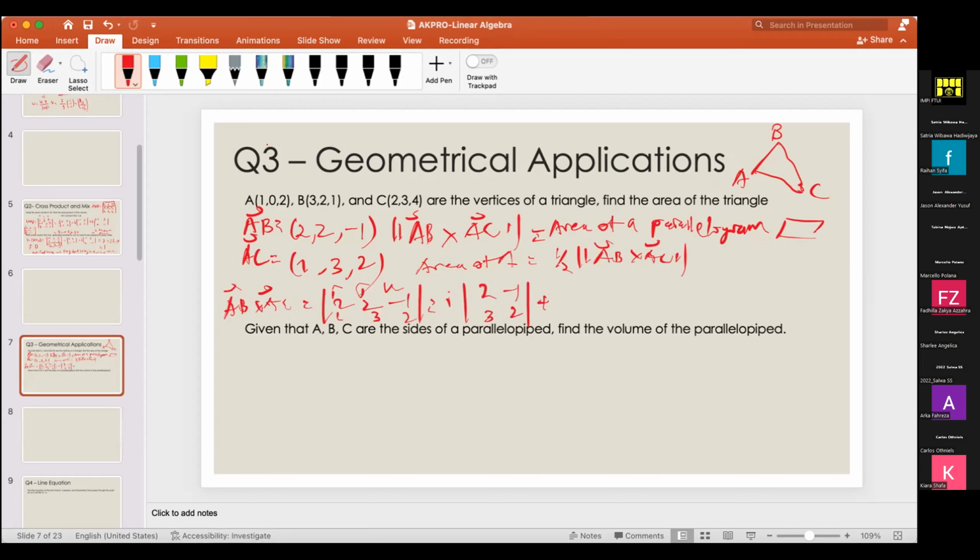So i times the matrix 2, negative 1, 3, 2, minus j times the matrix 2, negative 1, 1, 2, plus k times the matrix 2, 2, 1, 3.